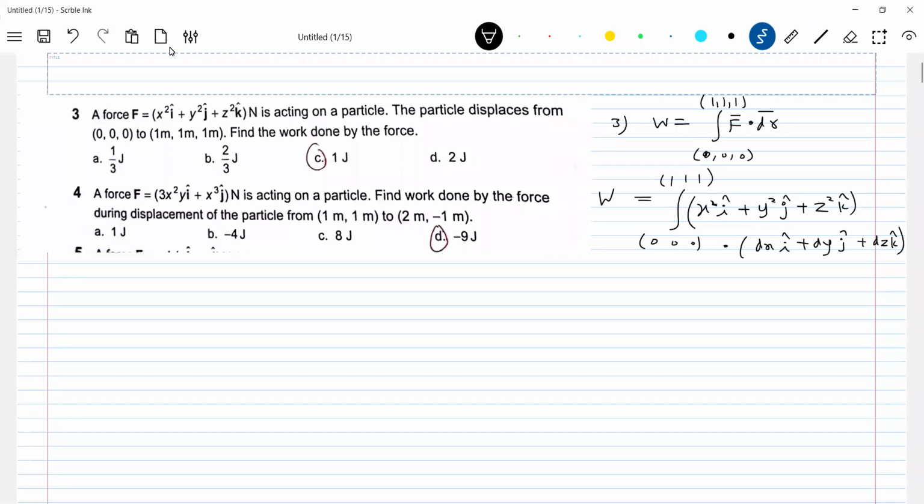Now the further expansion of this. i dot i will be 1, so this will be the integral of x square dx from 0 to 1. i dot j will be 0. i dot k will be 0. j dot j will be y square dy.